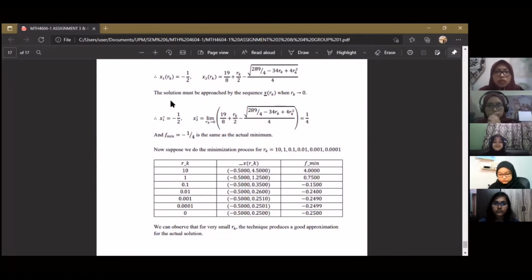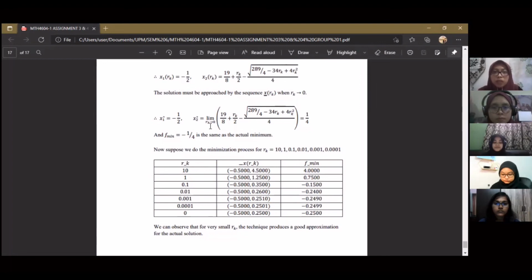Since we already get x1 and x2, both solutions must approach the sequence xrk when rk approaches 0. Since x1 is constant, the limit is always negative 1 over 2, while for x2, we get the limit when rk approaches 0.